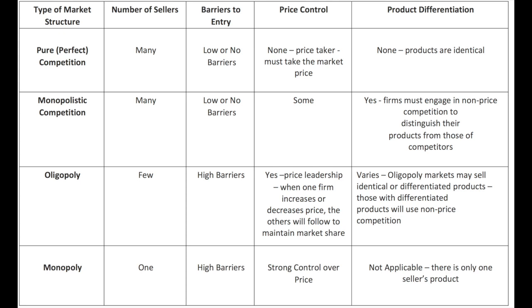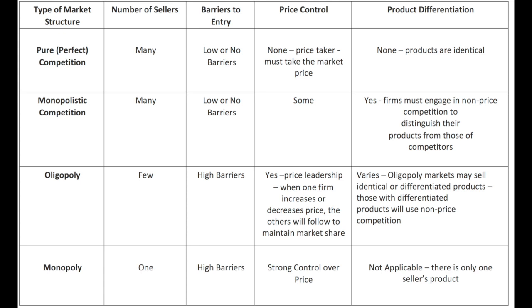So again, we're going to throw all this together. We're going to look at the perfect mom chart, which stands for perfect competition, monopolistic competition, oligopoly, and monopoly. But we're going to be taking a look at the number of sellers, how many barriers to entry, what type of price controls they have, and are those products different?